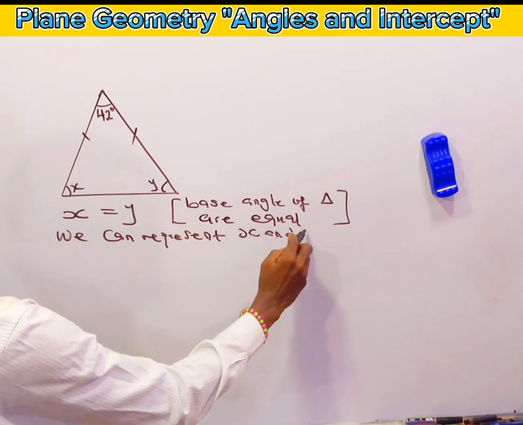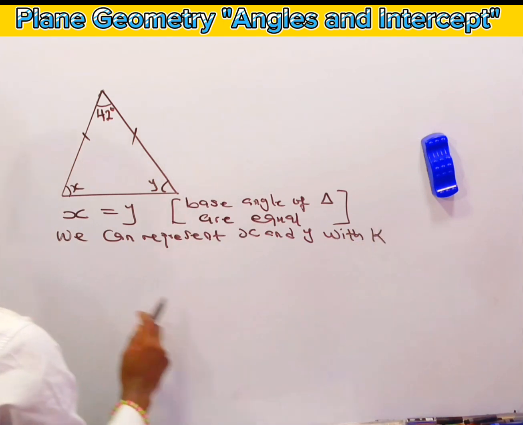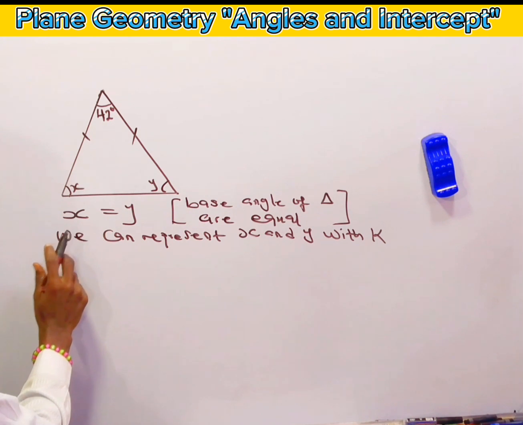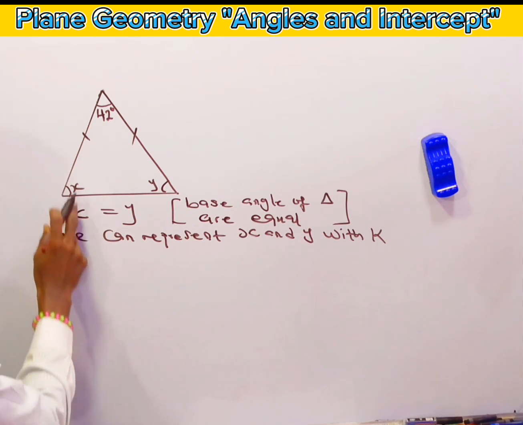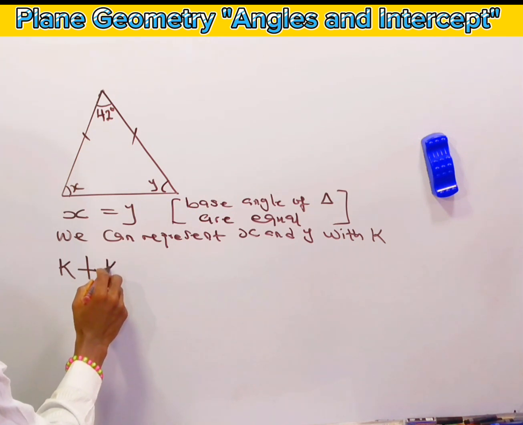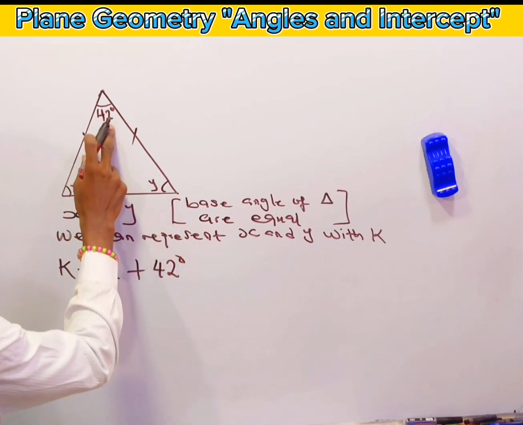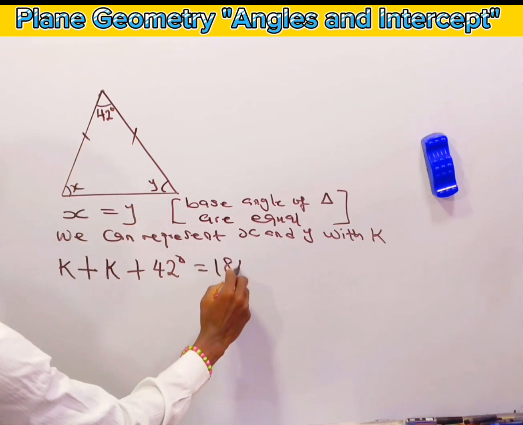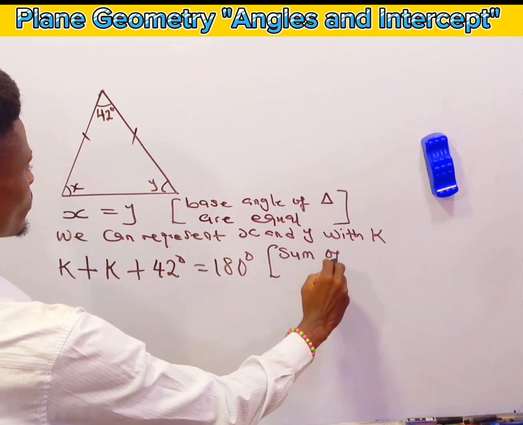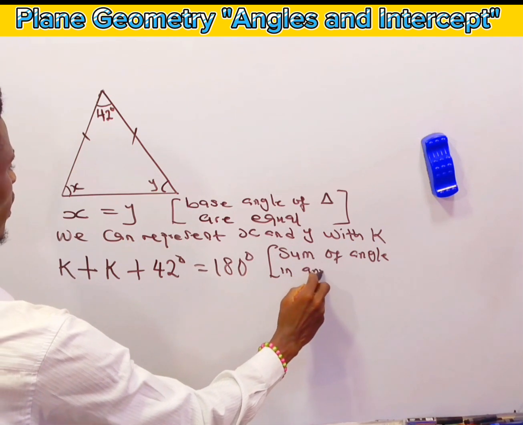Therefore, we can represent X and Y with K. We'll say K, which is for X, plus K, which is for Y, plus 42 degrees is equal to 180 degrees, which is the sum of angles in any triangle.